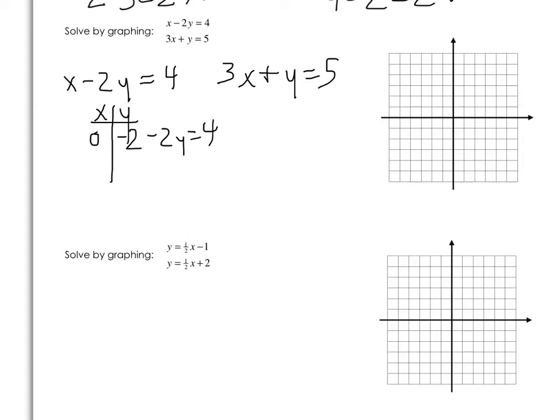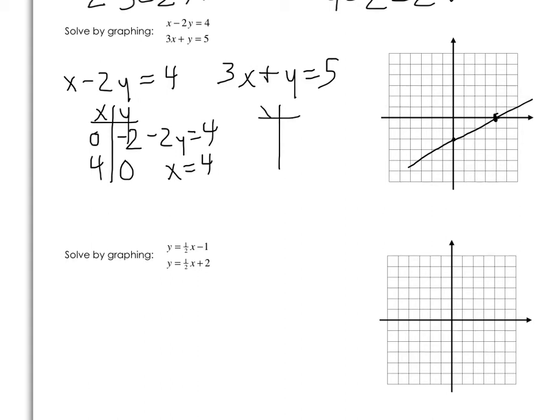If y is 0, that gives us x equals 4. So we have two intercepts: (0, -2) and (4, 0). There's our line.